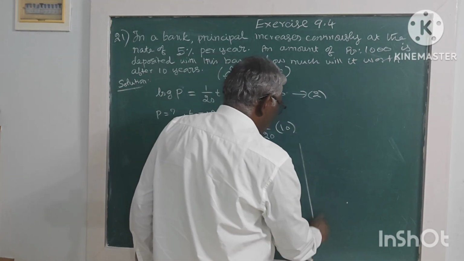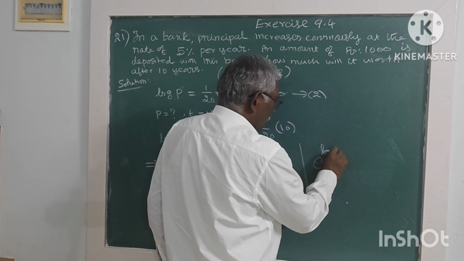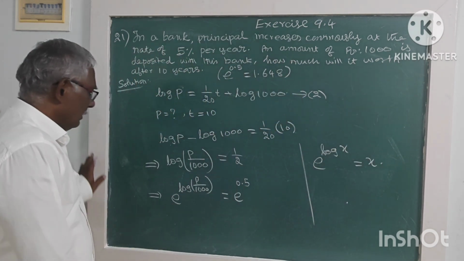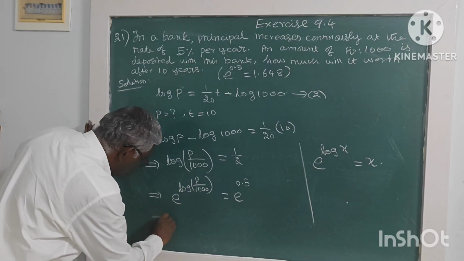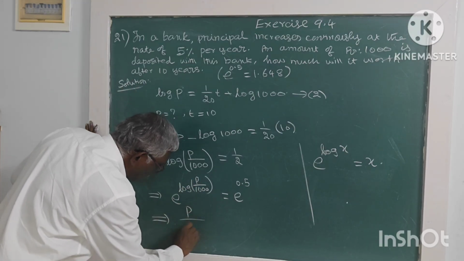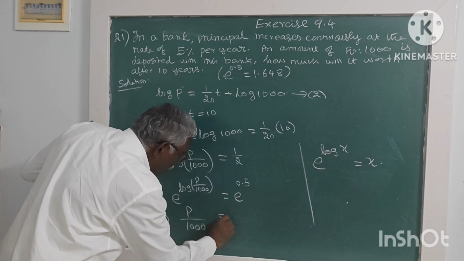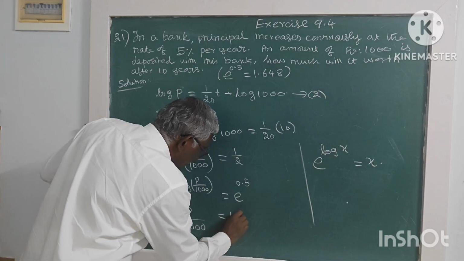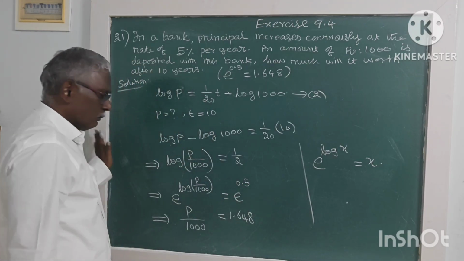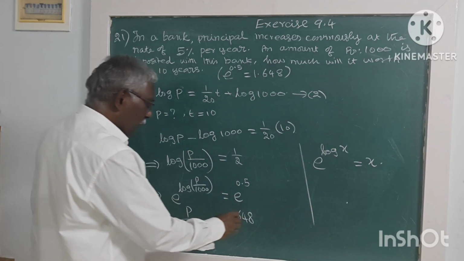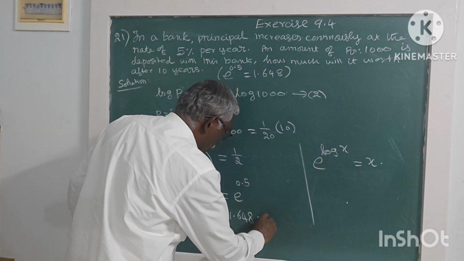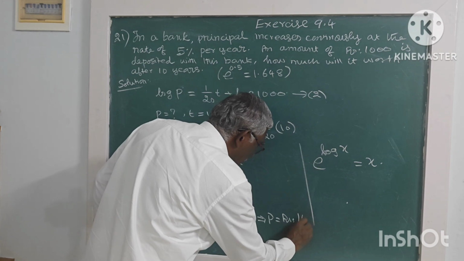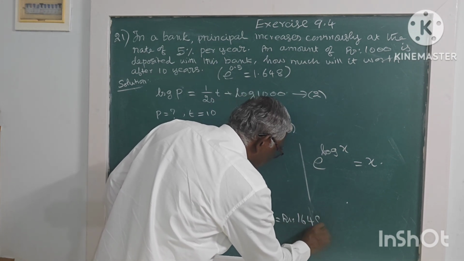We know that e power log x is equal to x only. So e power log P by 1000 is nothing but P by 1000 only, and e power 0.5 value is 1.648. So this gives the value of P is equal to rupees 1648.